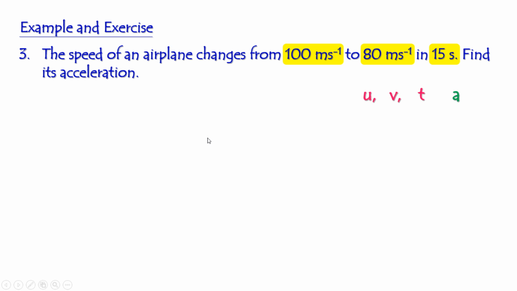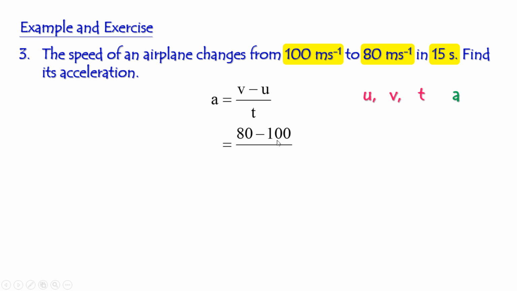Okay, then similarly, we write down the equation first, and then put all the numbers into the equation in their correct places. What is the final speed? Which one is final? Right, this is the initial, and 80 will be the final. 80 minus 100, right?